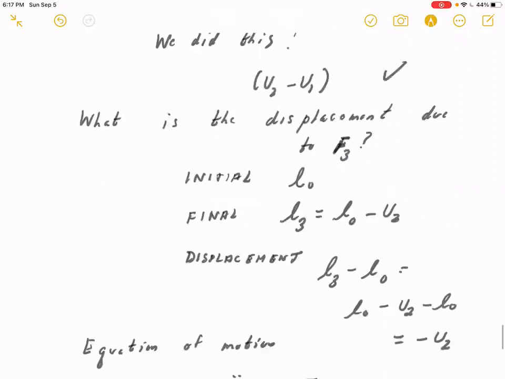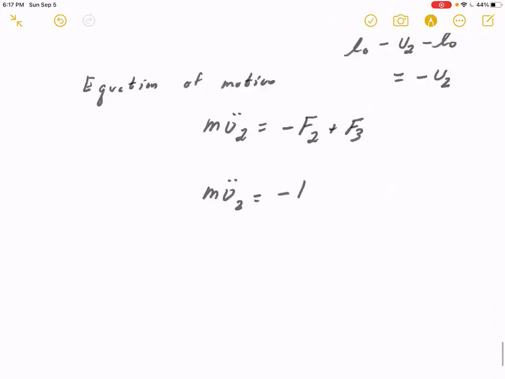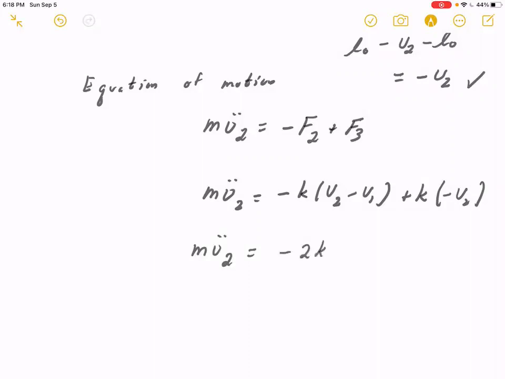At least that's the displacement part. So it's K times U sub 2 minus U sub 1. And F sub 3 has got to be K times minus U sub 2. So the equation of motion for the second mass is minus 2K U sub 2 plus K U sub 1.